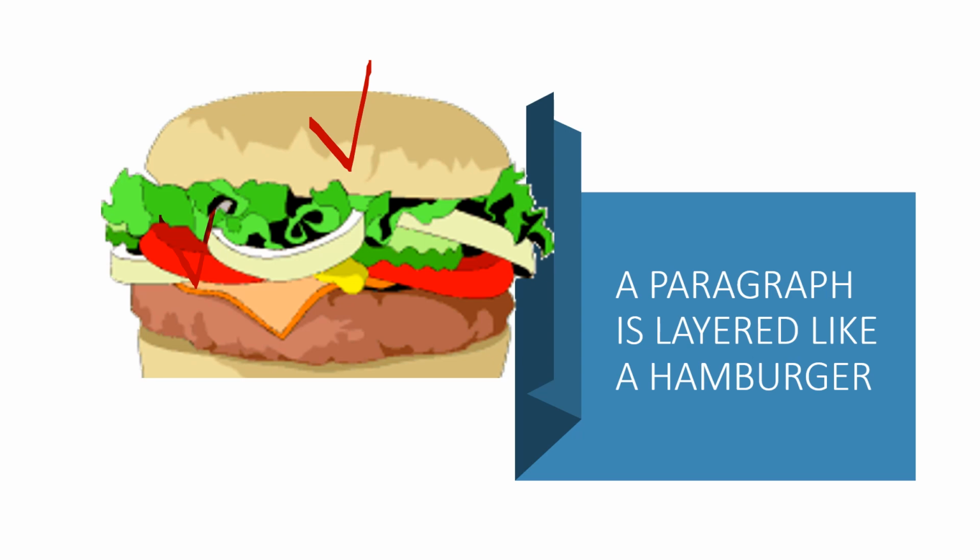Meat, and we have the bottom bun. So these are the format of a hamburger. Just the same as a hamburger, a paragraph is layered like a hamburger. So in a paragraph, we have opening, we have body paragraph, and finally we have a conclusion. Take a look at the example of my outline in the next slide, please.